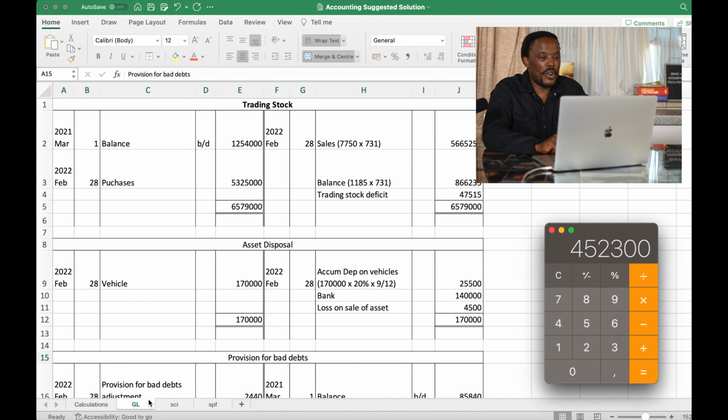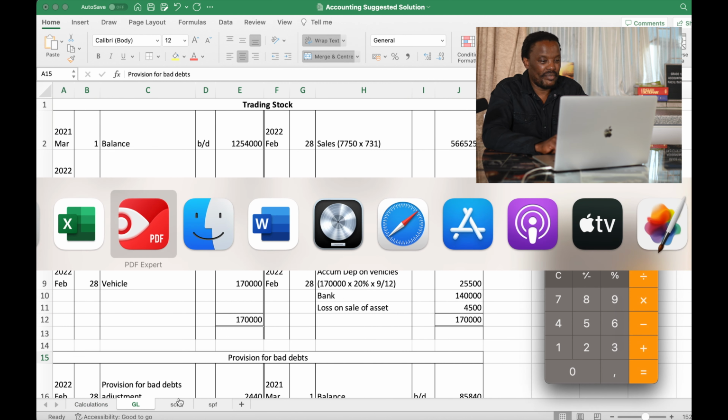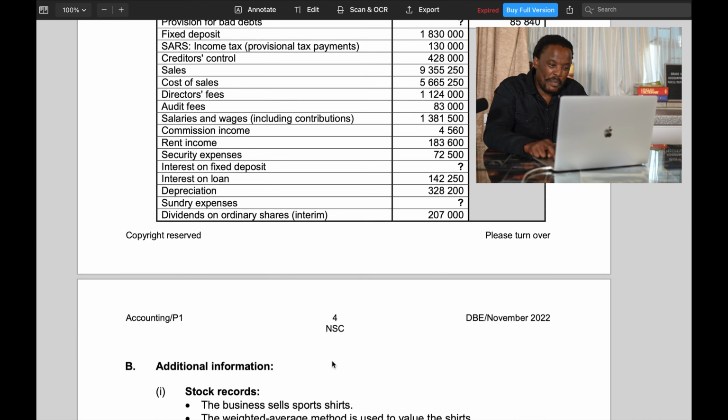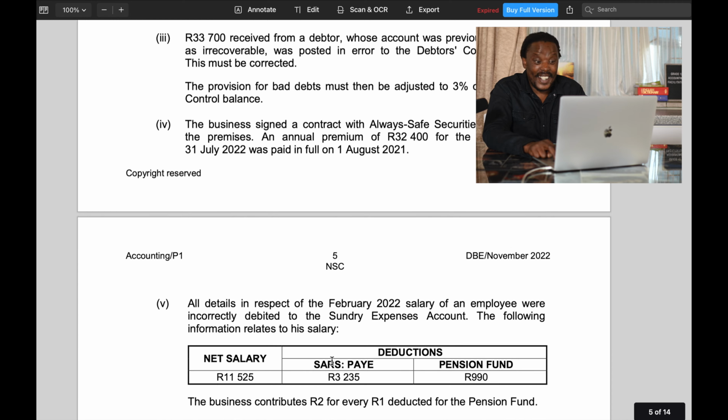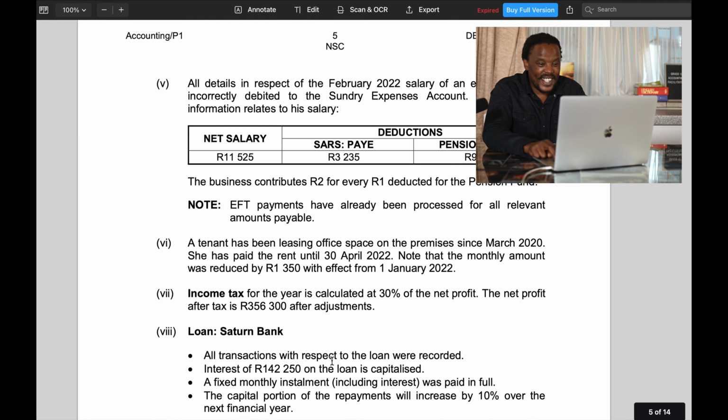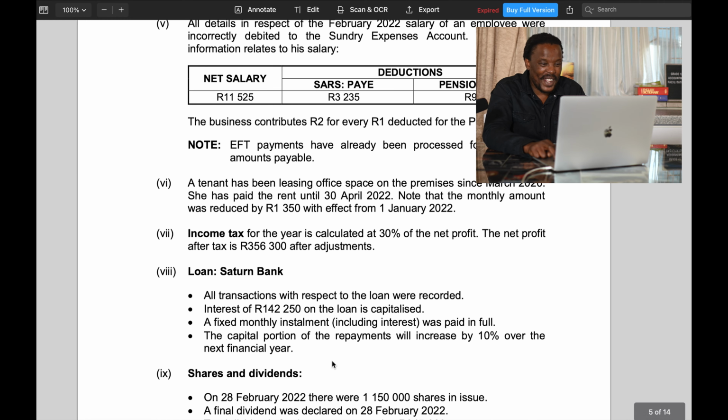And then you go back again. You're like, okay, I'm done with this rent income. Let me check what is the next adjustment. Income tax for the year is calculated at 30% of the net income. The net profit after tax is 356,300.